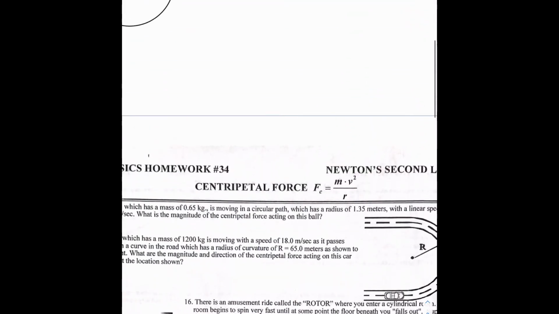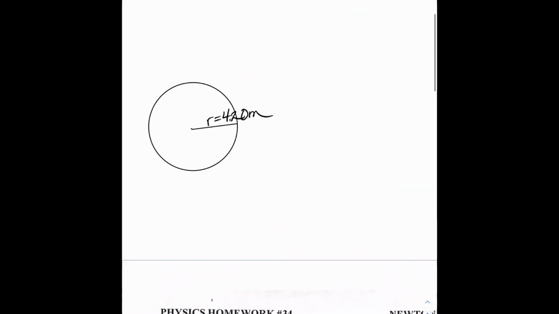All right, so let's write that down. One revolution per 3.65 seconds. So a revolution is once around.